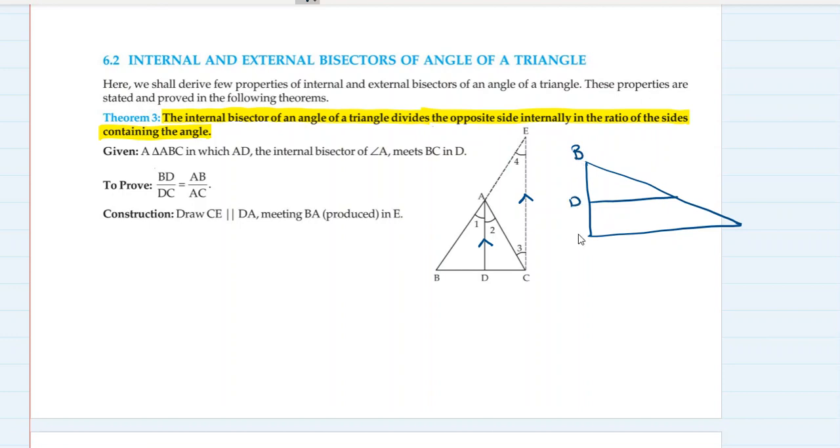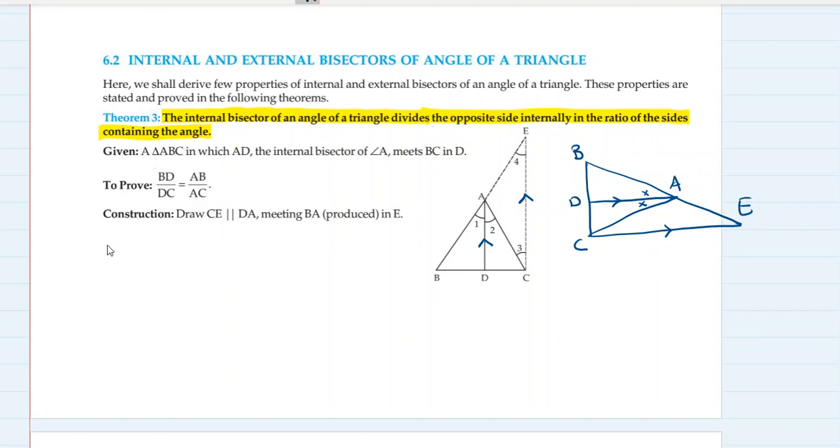This is B, D, C. This is B, A, E, and AD is the angle bisector. I will join AC over here. DA is drawn parallel to CE. I want you to visualize this triangle like how I have drawn.